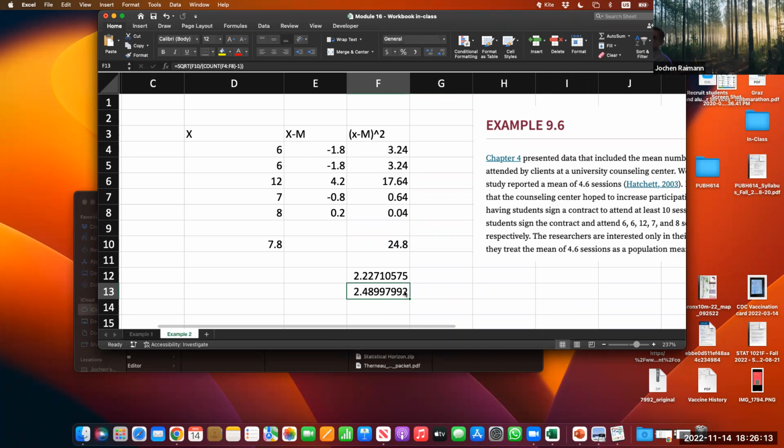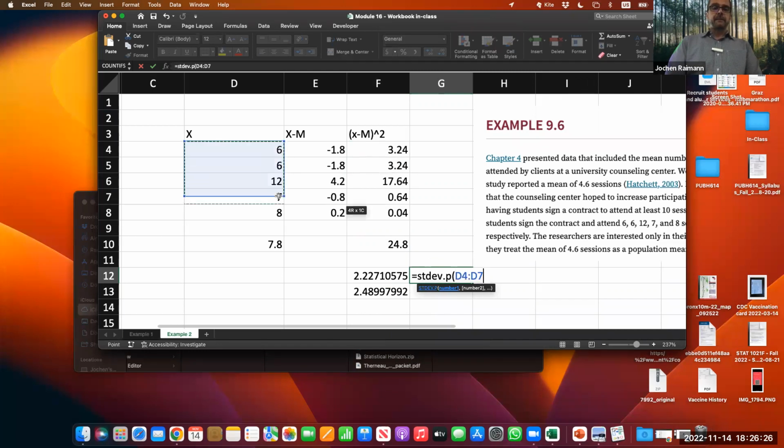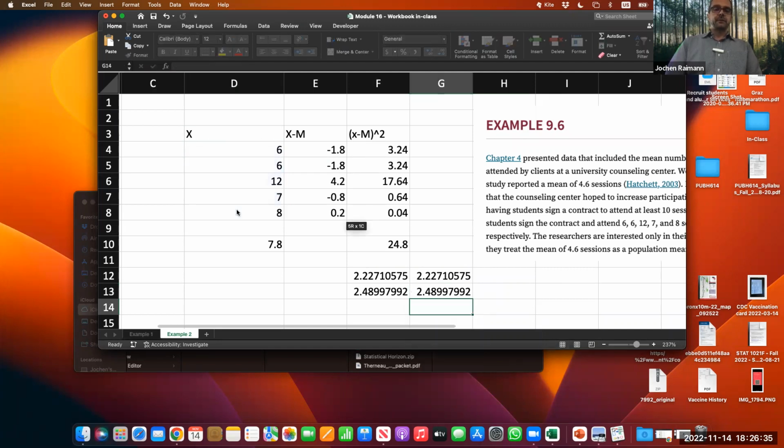We're assuming this now to be our standard deviation, which should resemble the standard deviation of the population. Just to confirm our thinking, we can do STDEV.P. This is the 2.27. And now we do the regular STDEV.S. This gets us to 2.48.